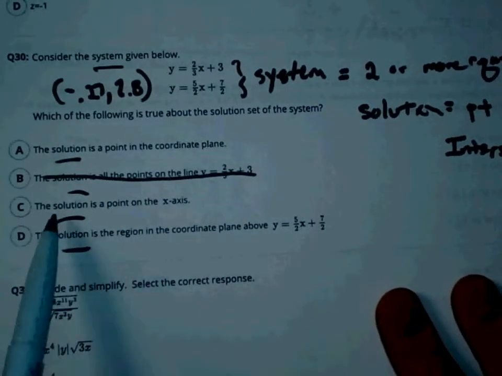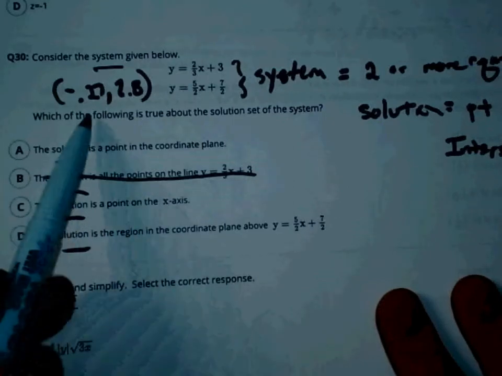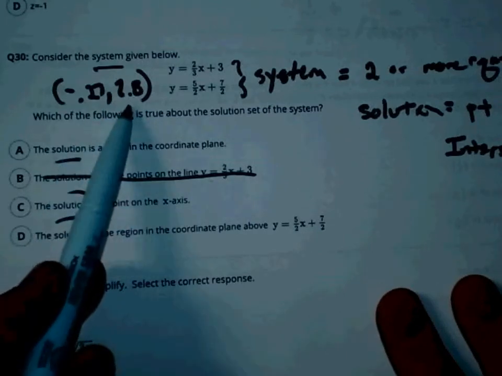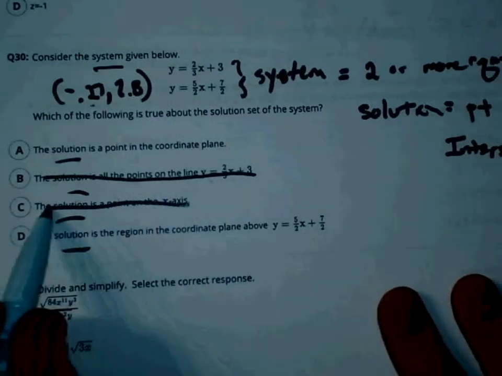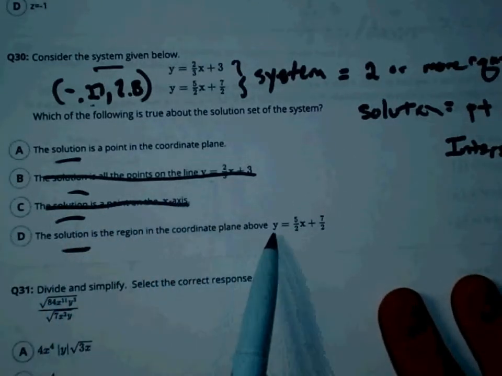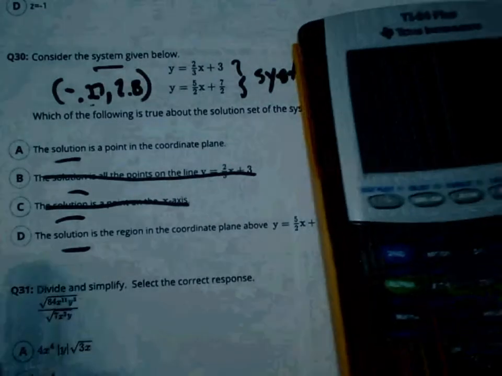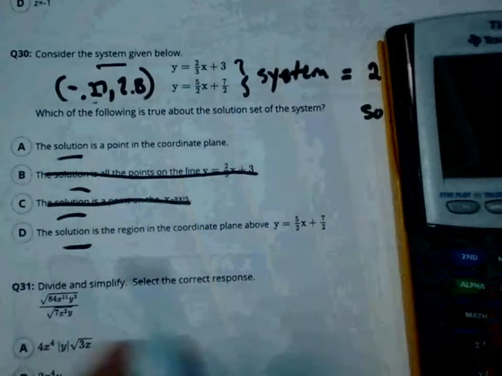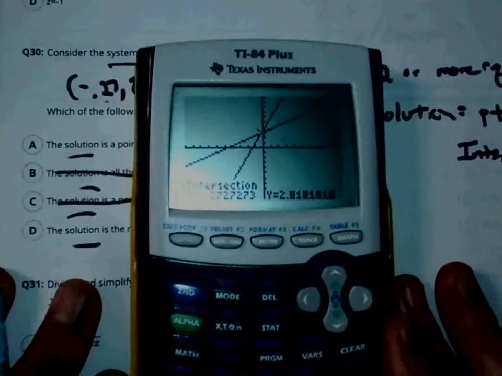All right. The solution is the point on the x-axis. Well, is this on the x-axis? It's not on the x-axis because it goes up or down on that and left or right on that. So, no. And the solution is the region in the coordinate plane above this line right here. Okay? And so I can go back to my calculator and know that I put in this equation as y2.